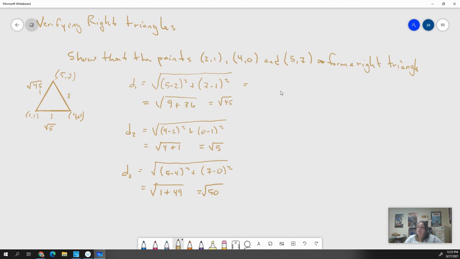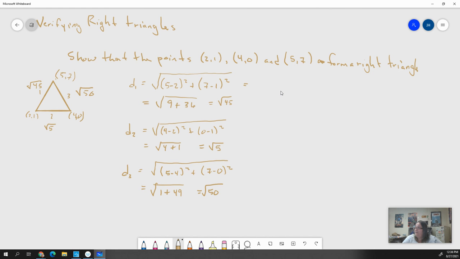So I'm left with these 3 distances, right? I have the square root of 5, the square root of 45, and the square root of 50, and those are my distances.